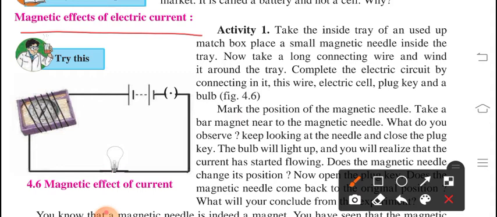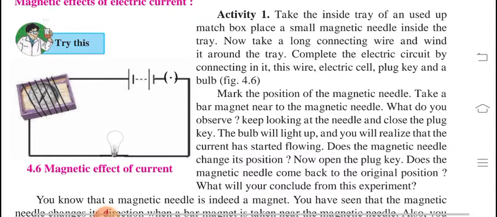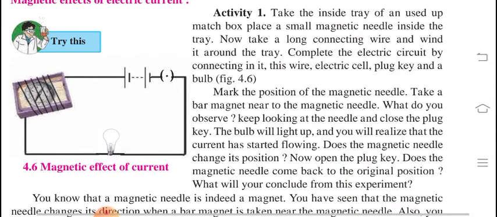The activity is given over here. I am going to read this activity, listen carefully. Take the inside tray of a used up matchbox, place a small magnetic needle inside the tray. Now take a long connecting wire and wind it around the tray.